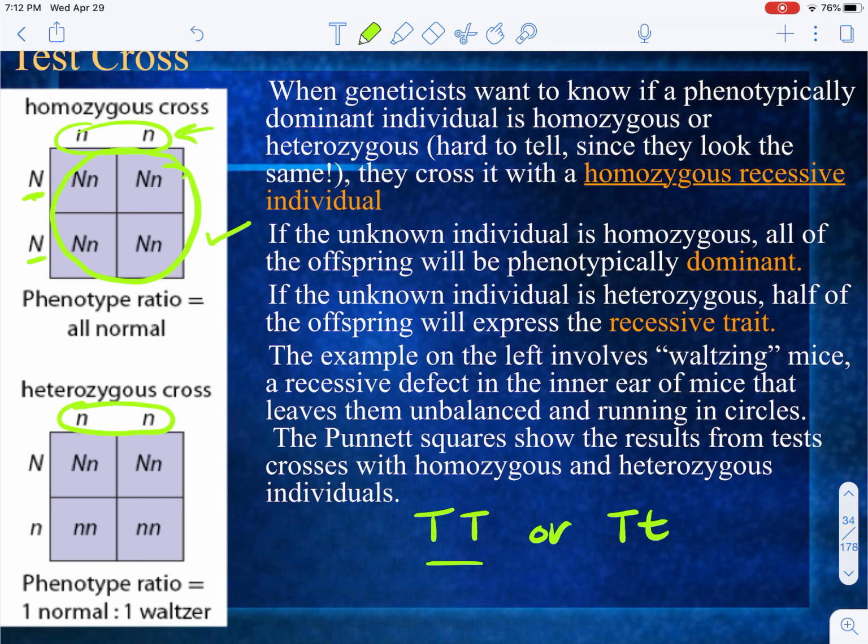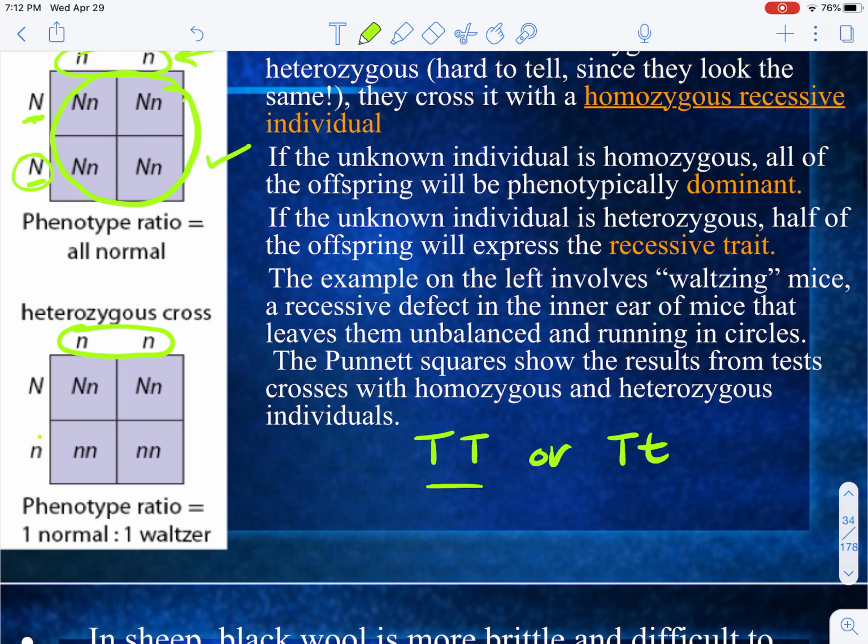And so using a homozygous recessive, you can tell quickly after breeding it whether there was any recessive being carried in that individual. Because if you cross your animal with a homozygous recessive, and it was carrying or hiding that recessive gene, half the offspring would actually be recessive.